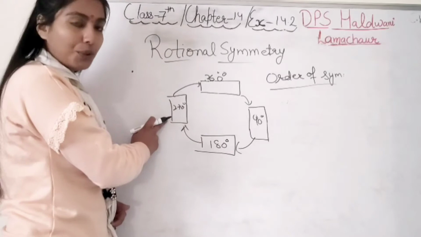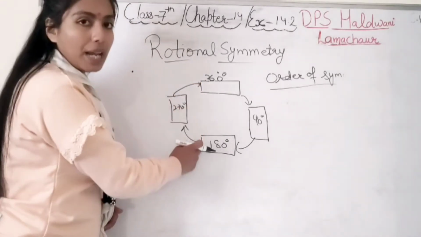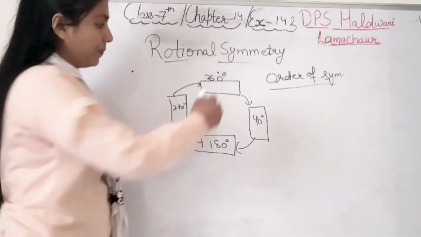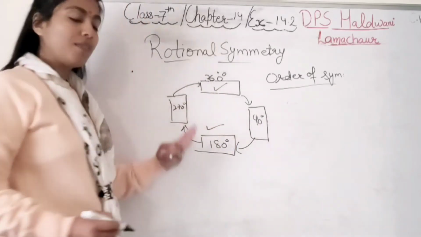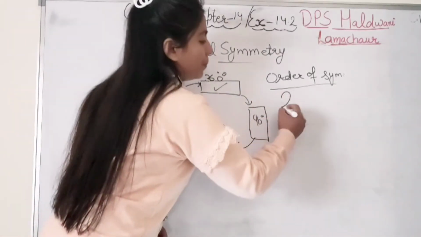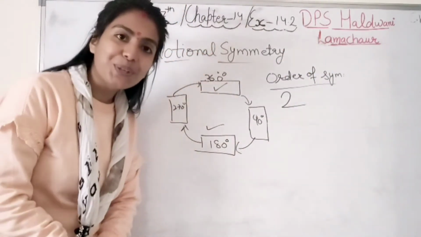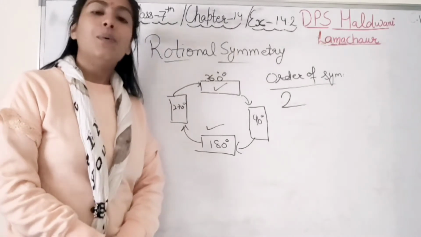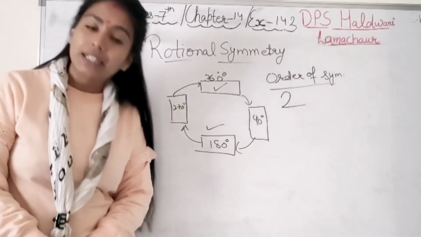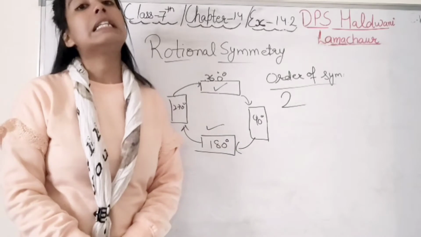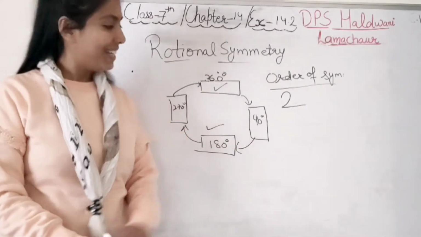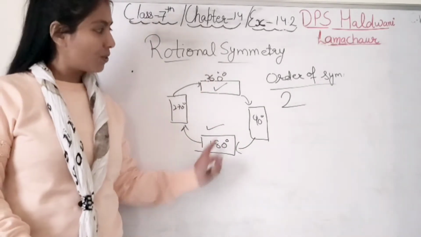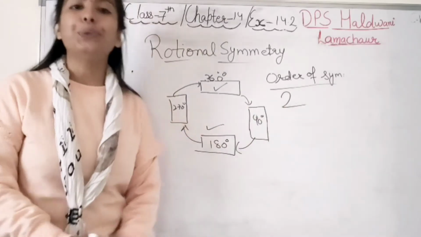And at 270 degrees, no. It means 2 times we got the same figure, so the order of symmetry for this figure is 2. Got it, student?